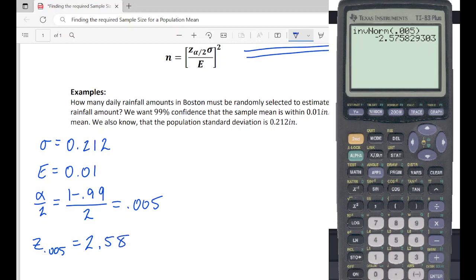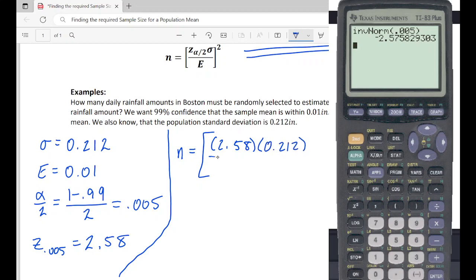Now that we have everything we need, we're going to plug it into our formula. So N equals 2.58 times 0.212 all over 0.01, and this is, again, squared.